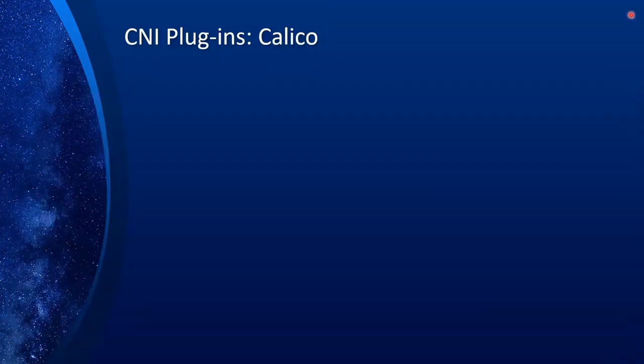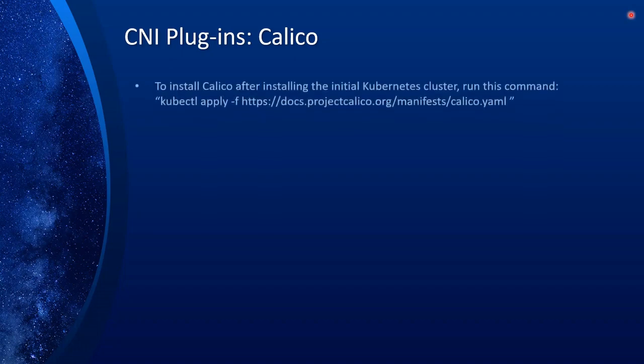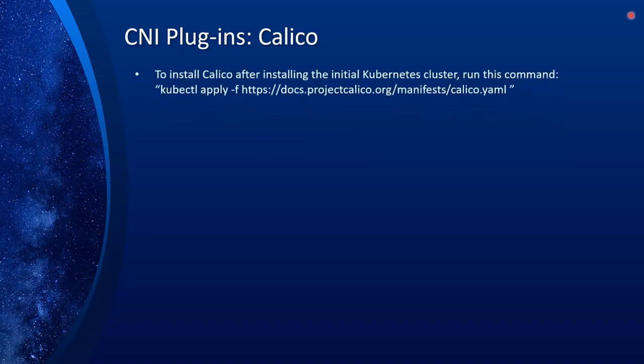Now that we have some understanding of how CNI plugins work, let's talk about Calico, which is a very popular CNI plugin provider. In the previous episode, we discussed Flannel. To install Calico, once you set up your initial Kubernetes cluster, you can run this command, kubectl apply -f, and this is the URL to where the installation package is.